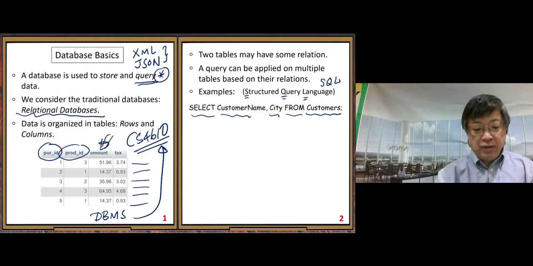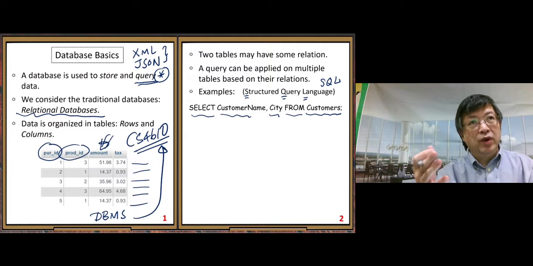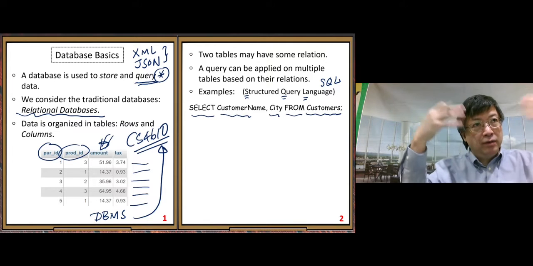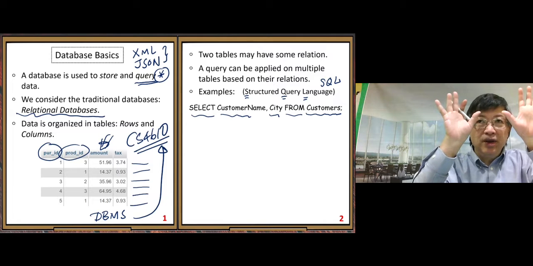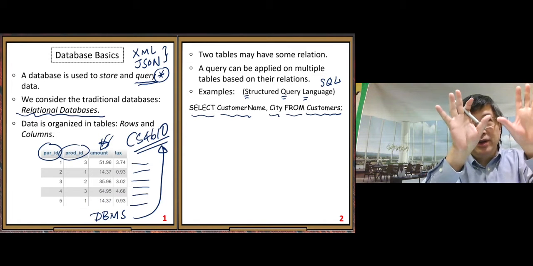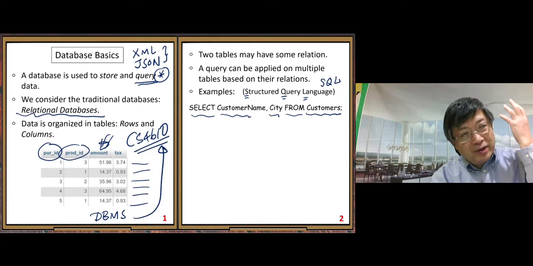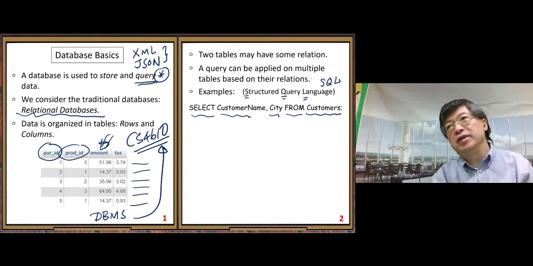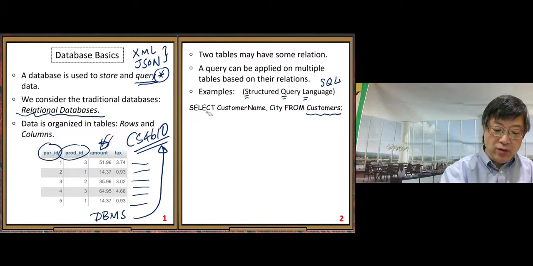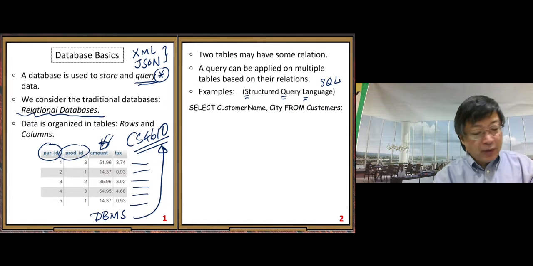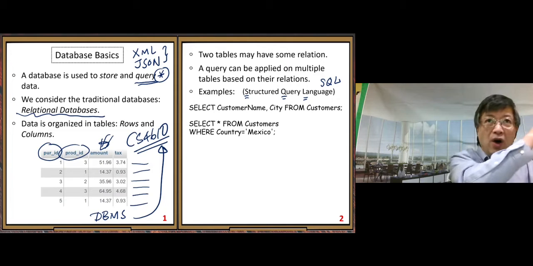SQL keywords are not case sensitive, but by convention we use uppercase to make them look different, for better readability. That's why we usually use uppercase. The second example: SELECT star. Star means all the fields.